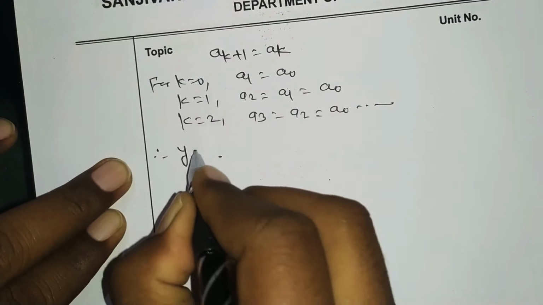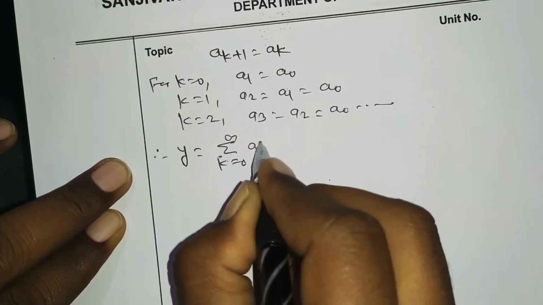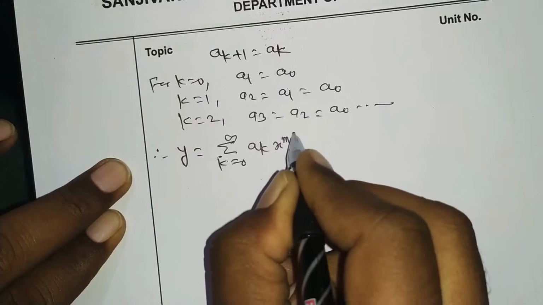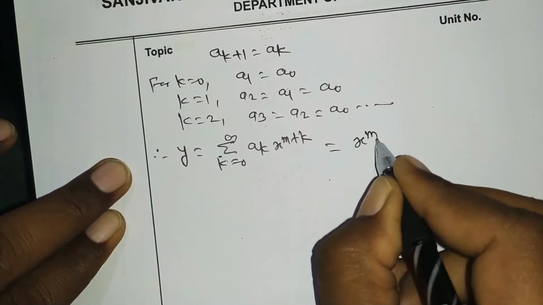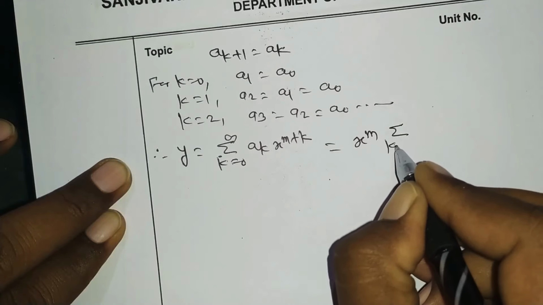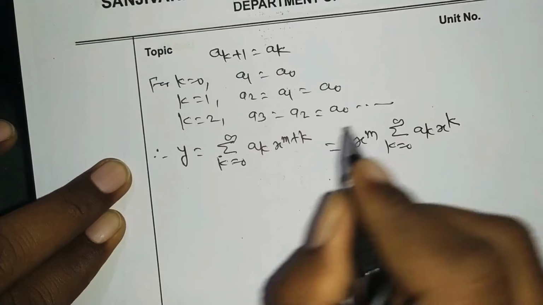So the solution is y equal to summation of k varies from 0 to infinity ak into x raised to m plus k, which can be written as x raised to m into summation of k varies from 0 to infinity ak into x raised to k.